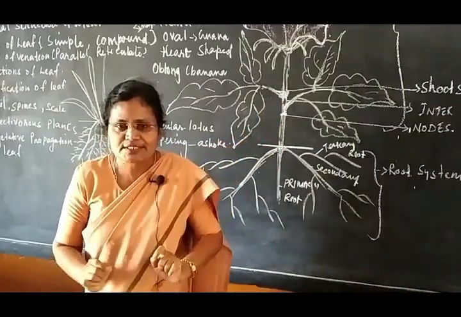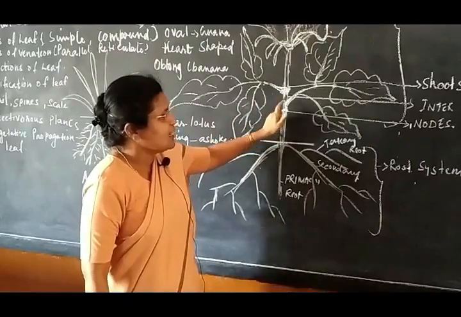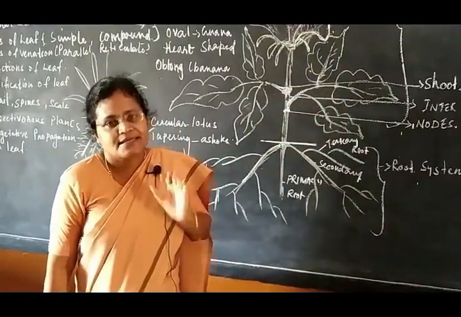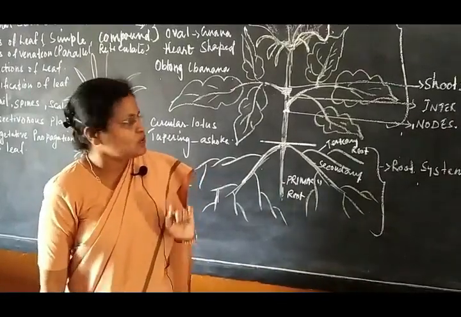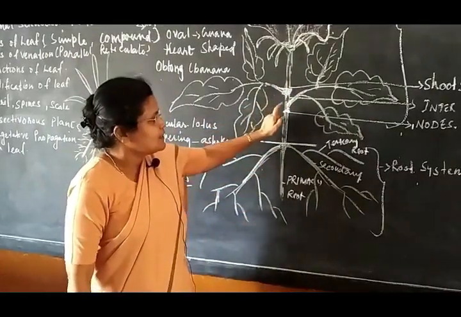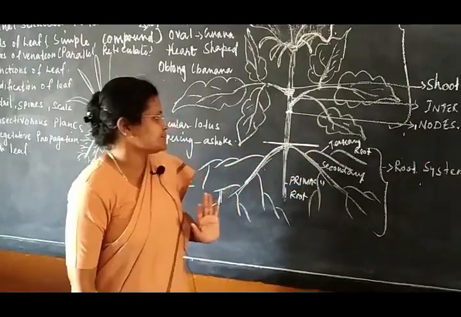Now what is a knot? The part of the shoot system from which either the leaf or the branches arise is called the knot. I repeat, what is a knot? Knots are the parts of the stem from which the branches or the leaf arise.